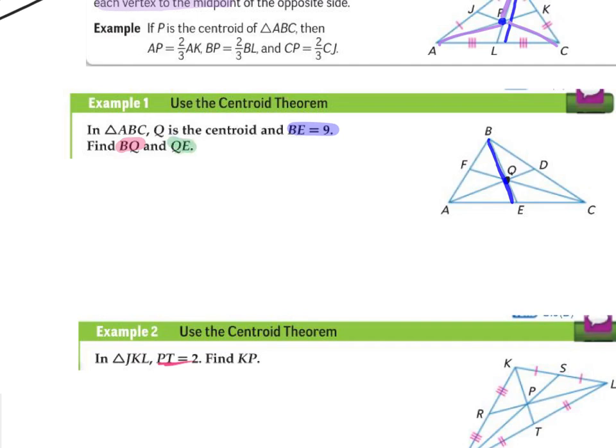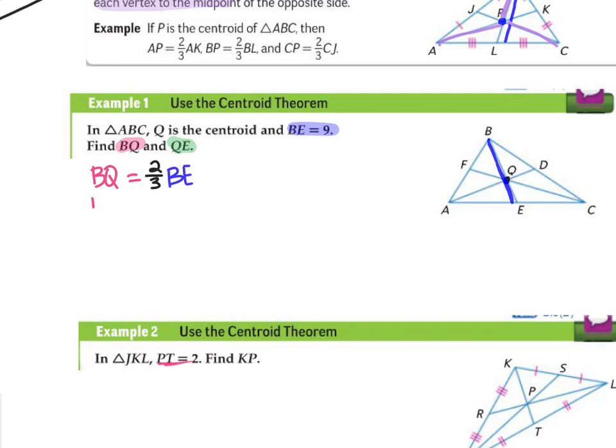So how to do that? Remember, according to our theorem, the distance from the vertex to the centroid, in this case BQ, equals 2/3 of our entire segment. So let's write that down. BQ equals 2/3 of our entire segment, which is BE.